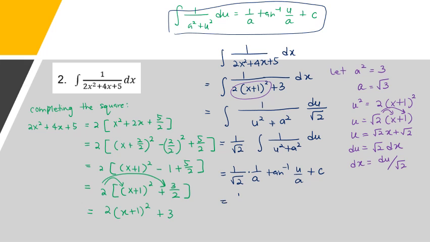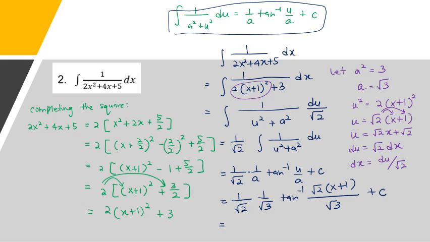Okay, substitute the value 1 over square root 2, 1 over our a is square root 3, tangent inverse, so u is square root 2 x plus 1 over a is square root 3 plus c. Okay, so boleh simplify lagi.